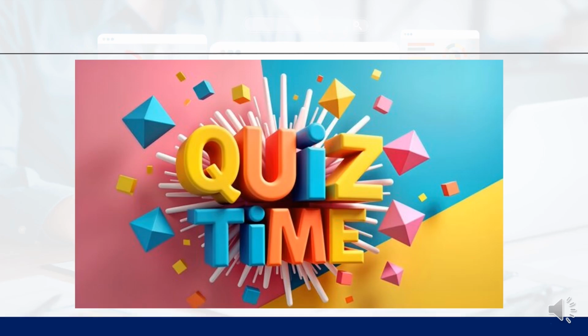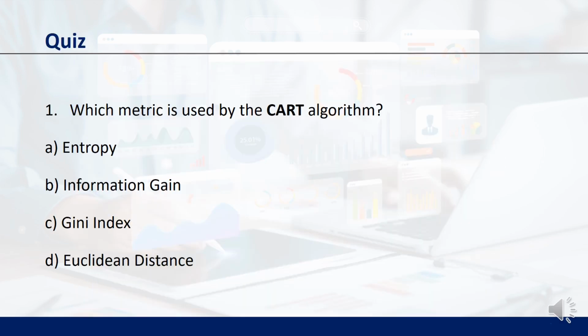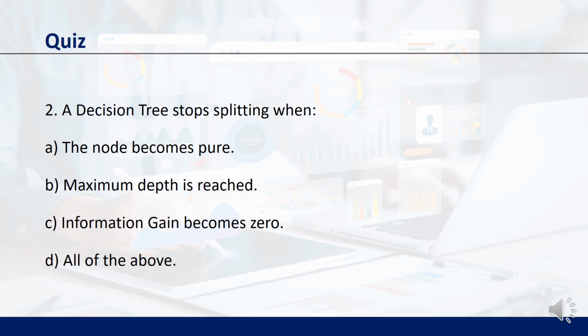Now let us have a quiz on this topic. Which metric is used by the CART algorithm? Options are entropy, information gain, Gini index, Euclidean distance. The answer is Gini index. Second question. A decision tree stops splitting when dash.